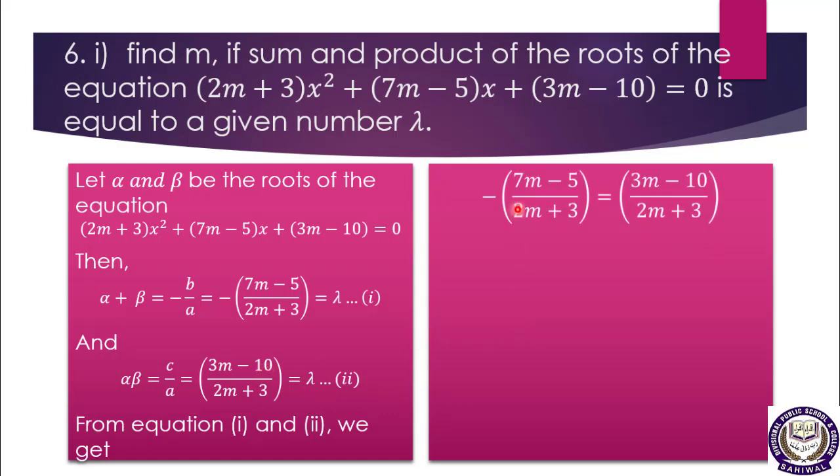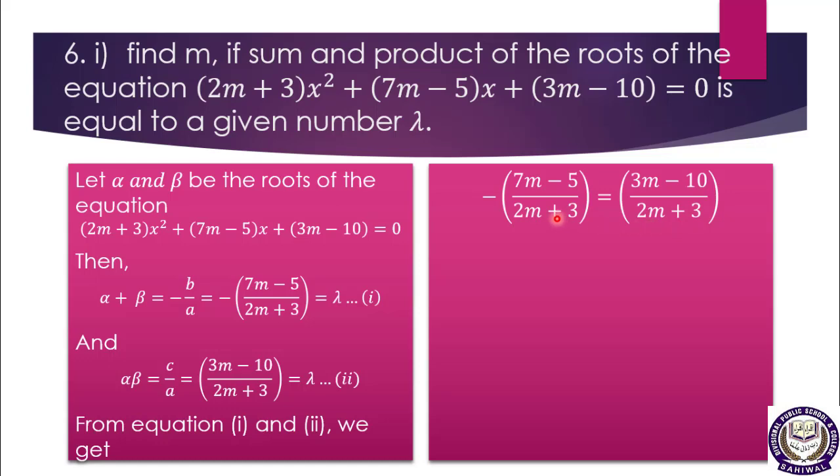So we have minus 7m minus 5 over 2m plus 3 and 3m minus 10 over 2m plus 3. These two are equal to each other and they have the same denominator. By using the cancellation property, we can cancel 2m plus 3.